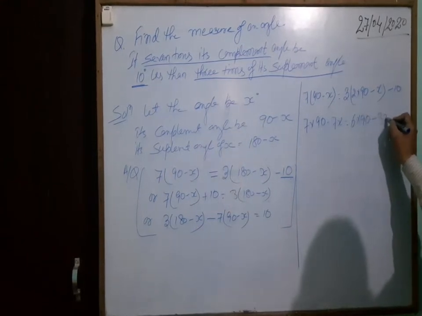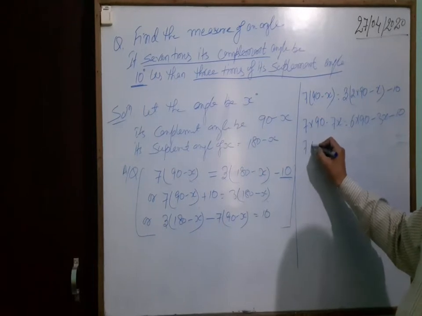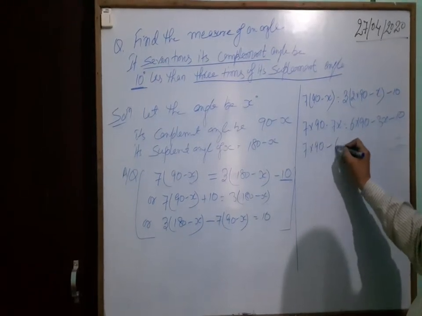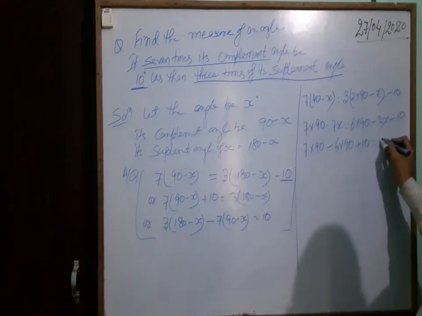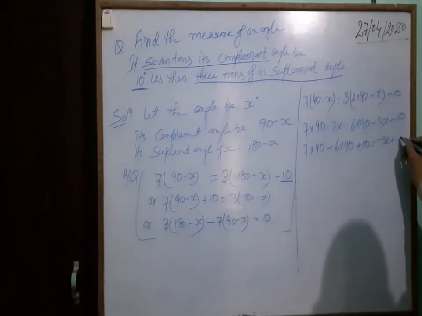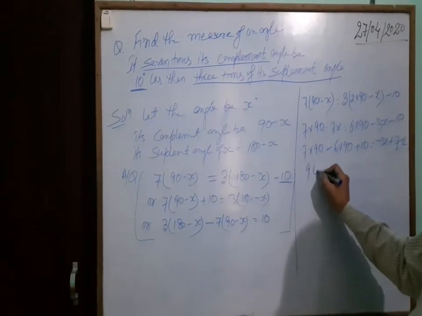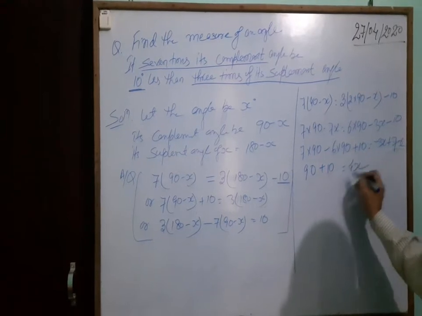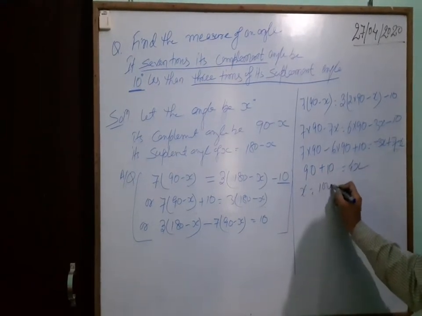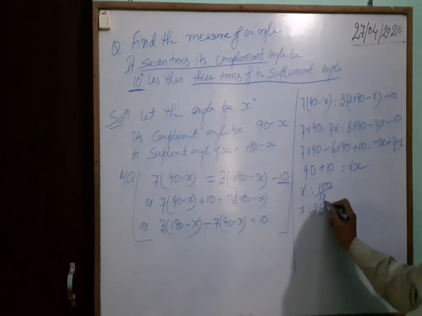Put 7 into 90 minus 3 into 180 plus 10 equals minus 3x plus 7x. So 100 equals 4x. So x is equal to 100 by 4, so x is equal to 25.